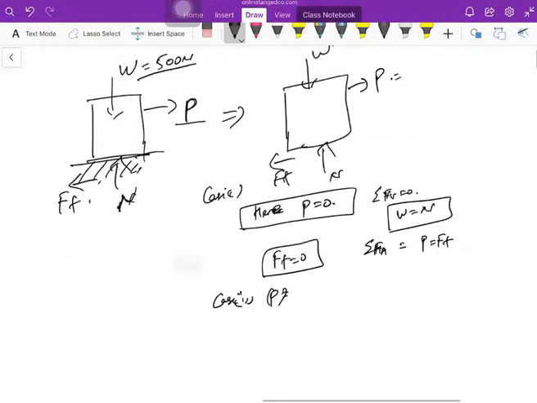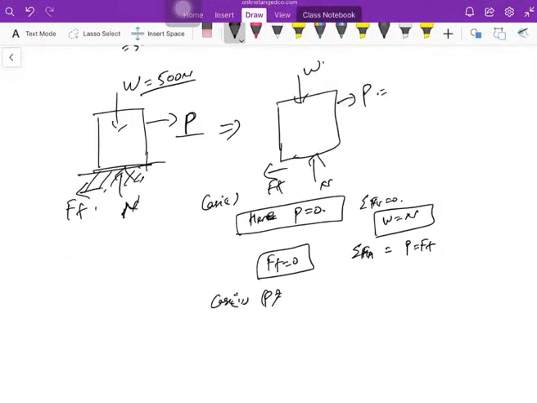Now I'm pulling this block with a load of 100 newton.